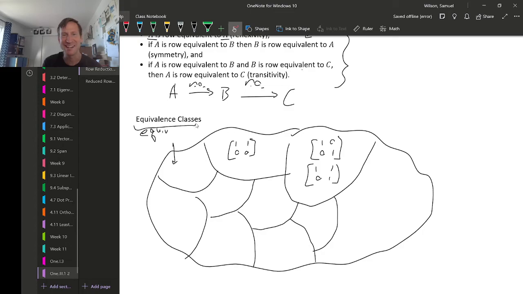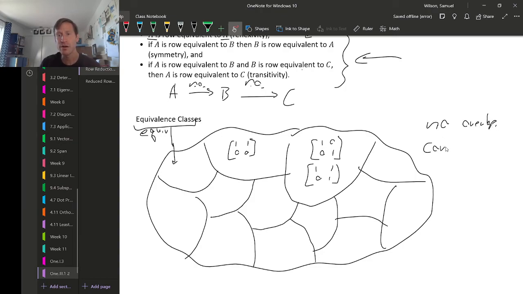And these three properties for equivalence relationships, reflexivity, symmetry, and transitivity, make it so that the collection of equivalence classes, first of all, don't overlap. So no overlap here. And also, they cover all matrices. Sometimes you'll hear this stated as they're mutually exclusive, they have no overlap, and mutually exhaustive. So they cover all matrices.